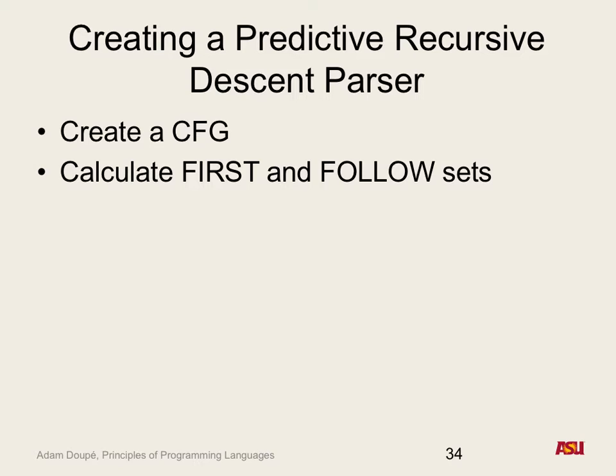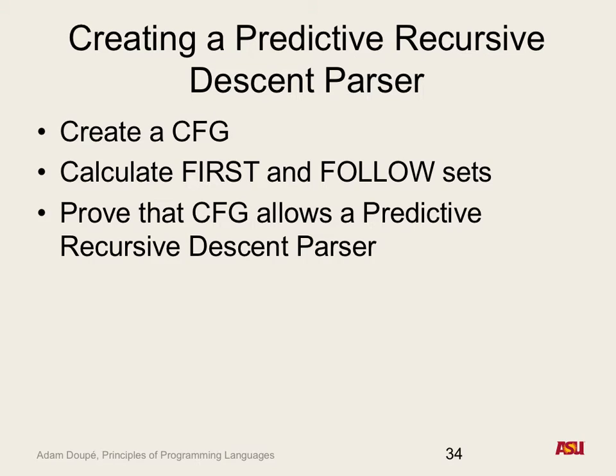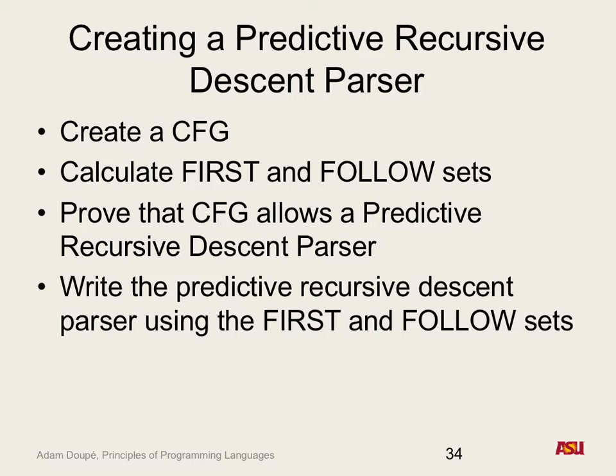Then calculate first and follow sets. That's why I've been going over this. You want to demonstrate to yourself, and to me often, that the context-free grammar actually allows a predictive recursive descent parser. And then, once we've done this, we can use the first and follow sets to write the predictive recursive descent parser.